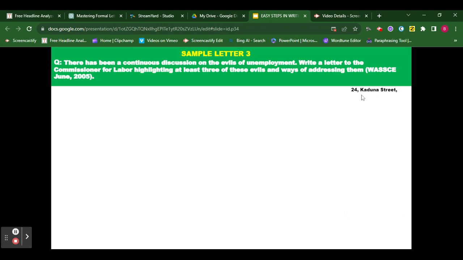For example, 24 Kaduna Street, Yaba, Lagos State, followed by the date, July 20, 2021, for example. Then the next is the receiver's designation. The Commissioner for Labor, Lagos State Ministry of Labor and Productivity, State Secretariat, Alausa, Ikeja.